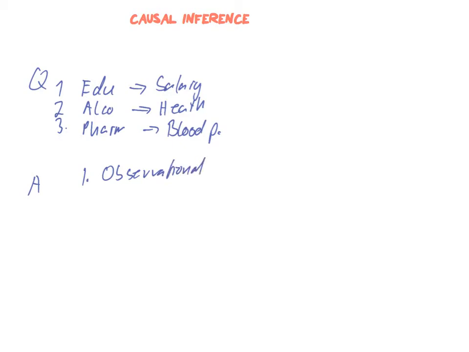The other general source of information we could have is to run experiments. So we give some people alcohol and some people will not get alcohol, and we see what happens. Experiments. Sometimes observational evidence is called real-world evidence, and sometimes experiments are called randomized controlled trials. So these are the two general sources of information we have.